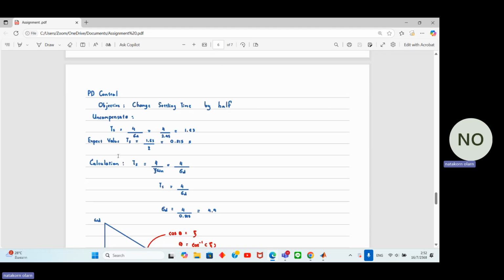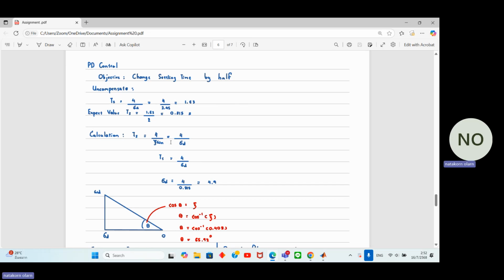Therefore I get the new settling time, which is our objective, by half. I get 0.815 seconds.